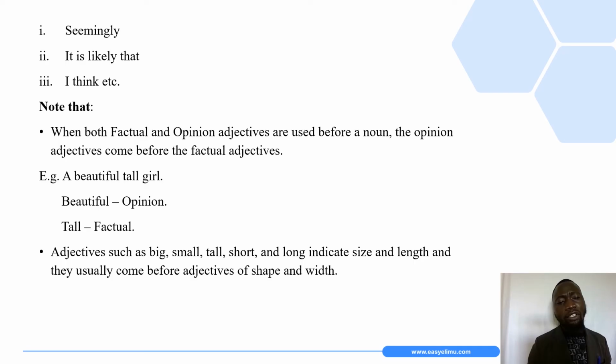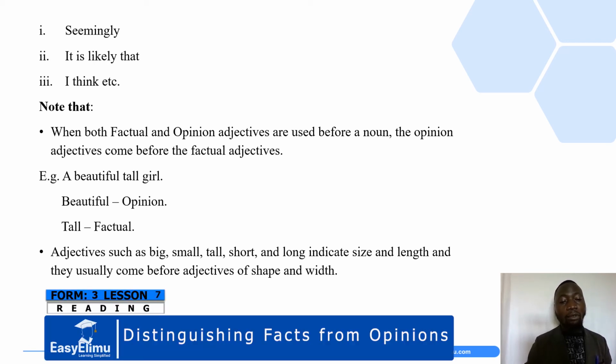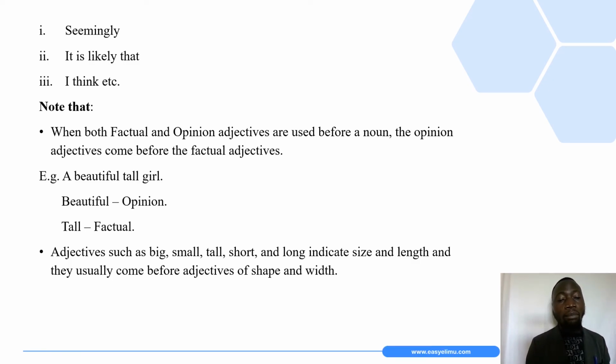That is an opinion. And tall is a factual adjective because if Jane is a tall girl, then she will remain a tall girl. There is no possible way she can again become short. It is something that can be seen and agreed upon. If someone is tall, they are tall.